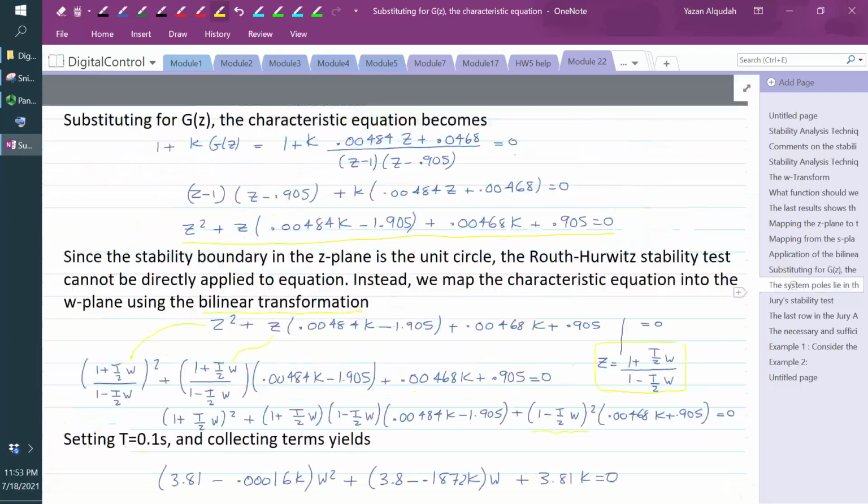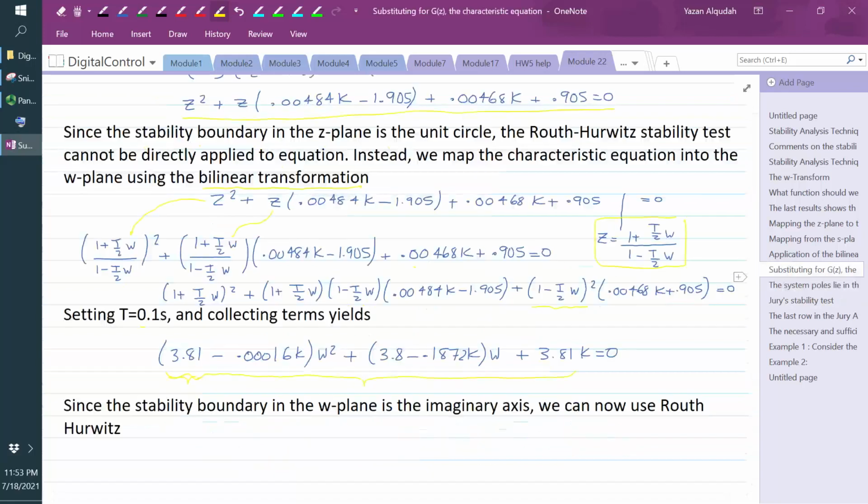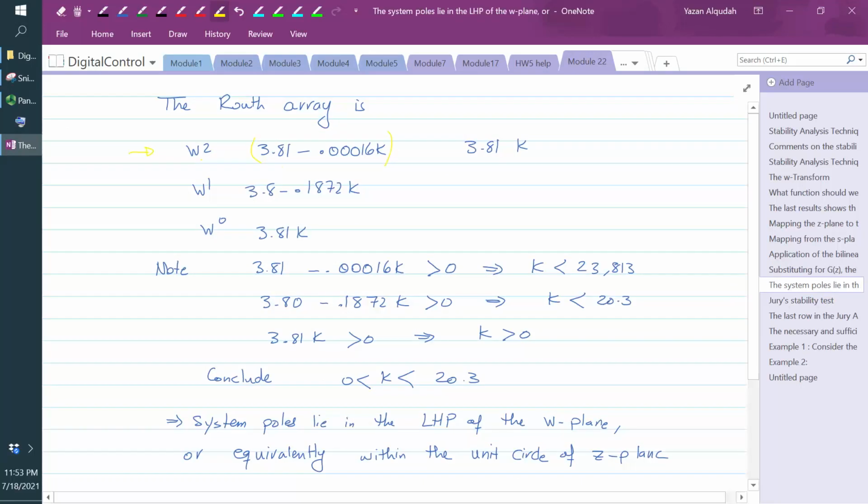This is going to be the even part, which is going to be this term here and this term here. And then I'm going to have the odd part that multiplies the odd terms in the polynomial, and this is going to be this term here. Since this is a 0, when I calculate Routh-Hurwitz, this just comes down to here. So again, since it's second order, it's straightforward to establish the Routh-Hurwitz array.